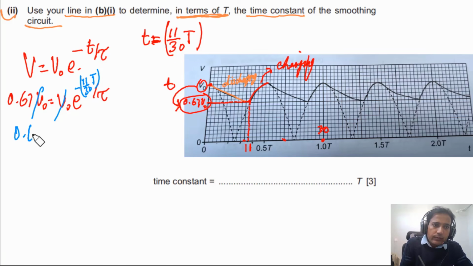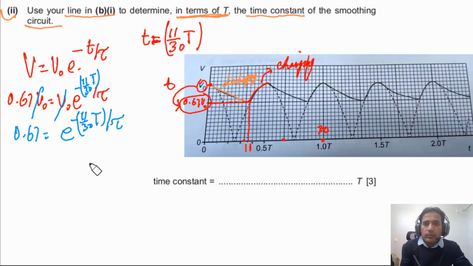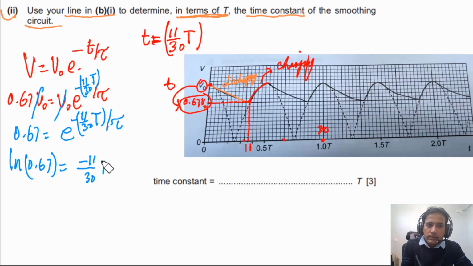So we are simply left with 0.67 equal to e to the power of minus 11 by 30 times capital T, divided by tau. Now we can take natural log on both sides, ln, so we have ln of 0.67. Here ln of e is 1, so what we will get is minus 11 over 30 times T, divided by tau.